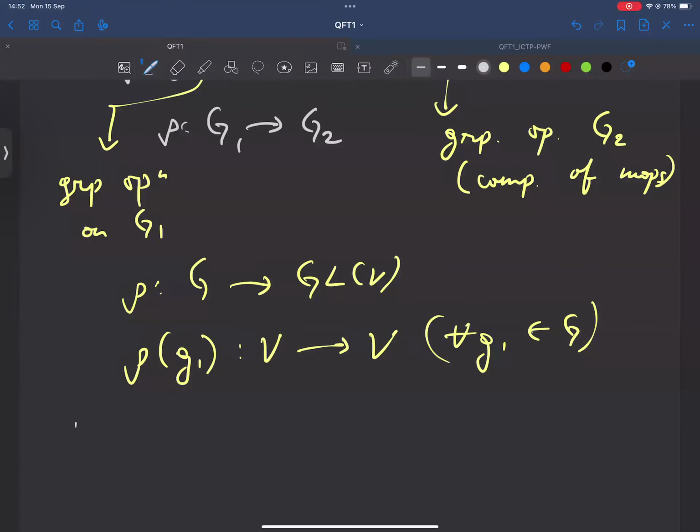However, now in this language of group representation, we are able to preserve the group structure and map it to a linear structure using this map rho. Because now you have that for every group element, you have a map which is a linear map. So in this way, we can linearize the study of groups to the study of linear algebra. Okay, and that's what a representation does.